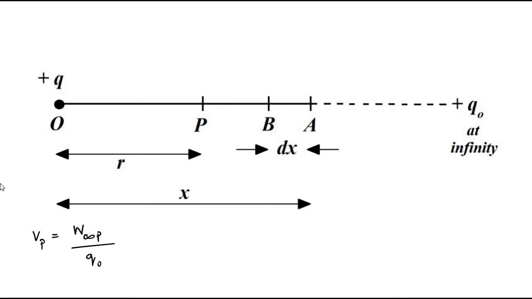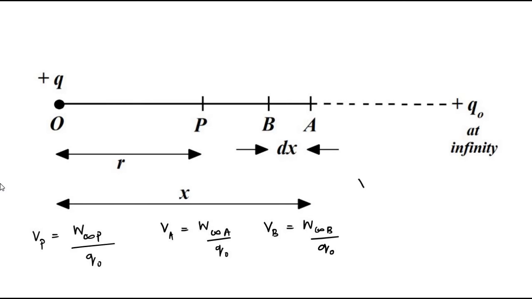So here at point P the potential will be the work done in moving the charge from infinity to that point divided by the test charge. Similarly, VA will be the work done in moving the charge from infinity to A divided by the test charge value. VB will be W infinity to B divided by Q0.